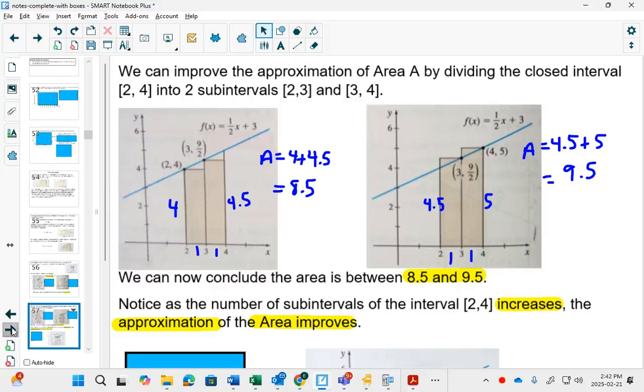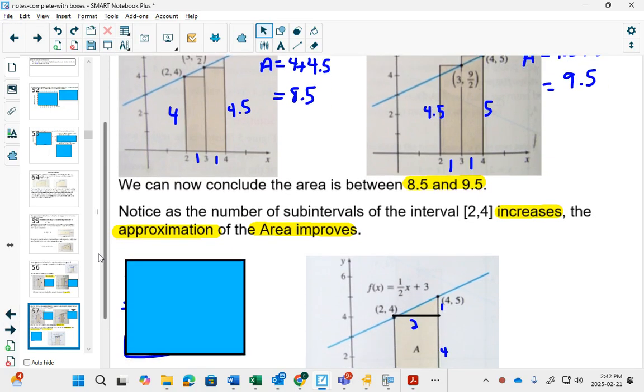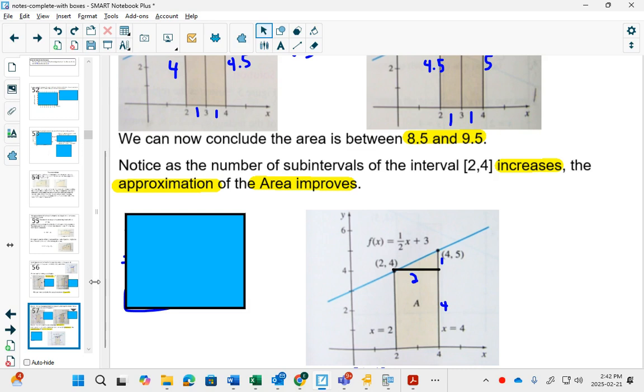But now we have 8 and a half and 9 and a half. We're getting closer. Not rocket science, but do you see that as you increase the number of subintervals or the number of rectangles, then our area improves.